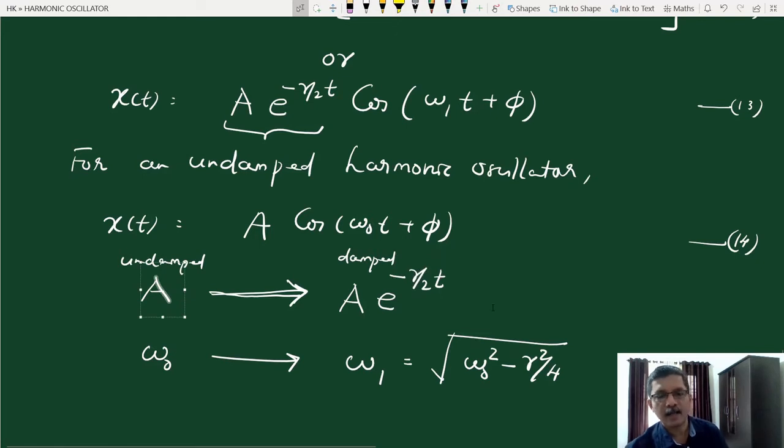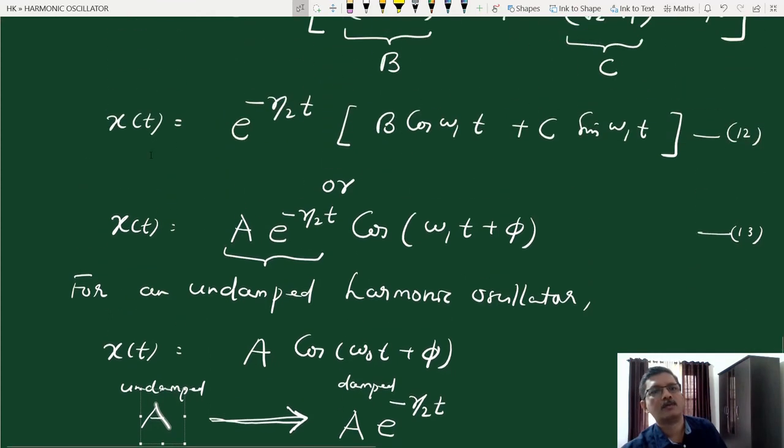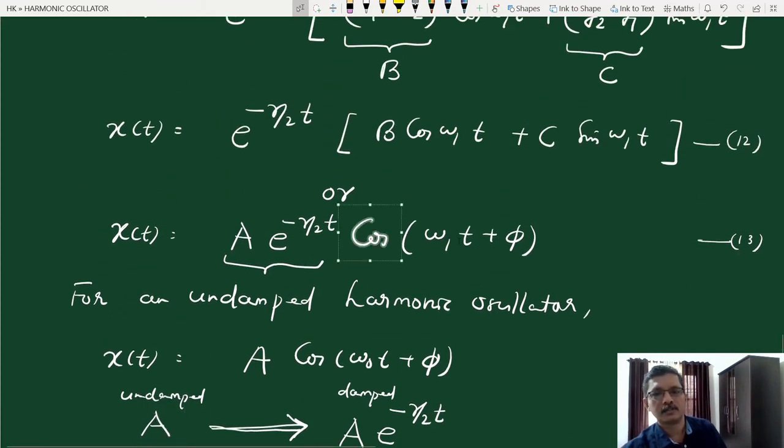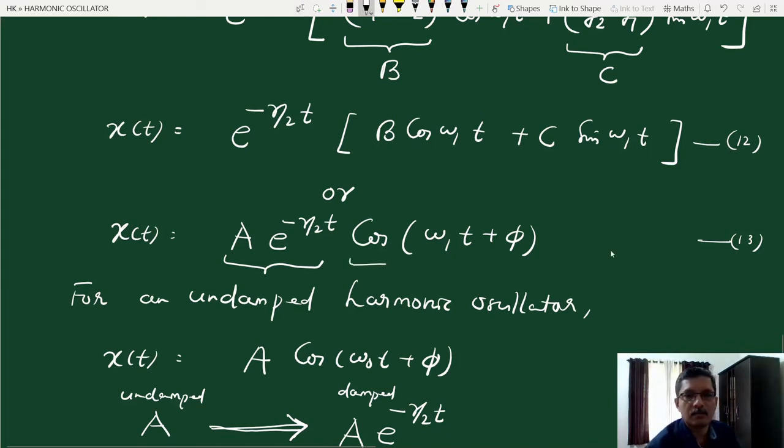So the effect of damping in the underdamped case, where gamma square by 4 is less than omega 0 square, if the damping is low, is that the solution of the damped oscillator is an oscillatory solution. You have this cosine part here. This is the oscillatory part.